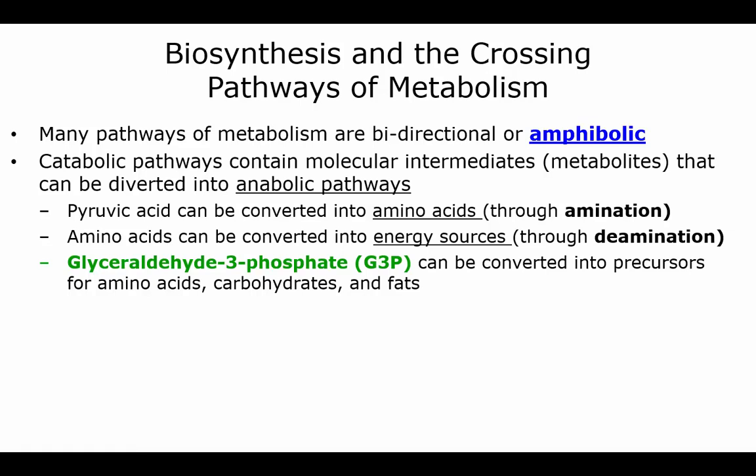Your pyruvic acid can be converted into amino acids, and amino acids can be converted to energy sources. Your G3P is converted into precursors for your amino acids, carbohydrates, and fats. Bacteria don't carry all the chemicals that they might need with them. They carry a base essential chemical, and then they convert it to what they might need at the time, because it's more efficient.